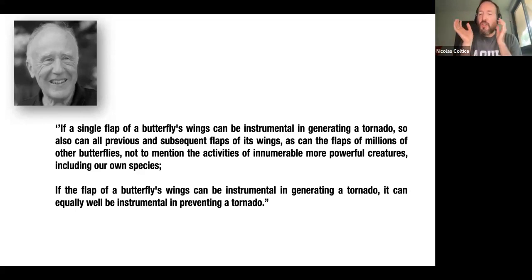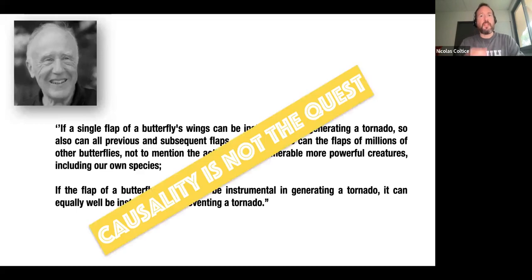Because this is not really the true cause of the system, because there are so many possibilities and so many inhibitions that can exist in a complex system that in fact causality cannot be the quest.